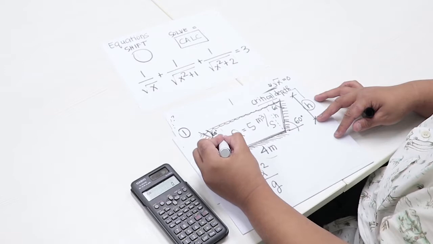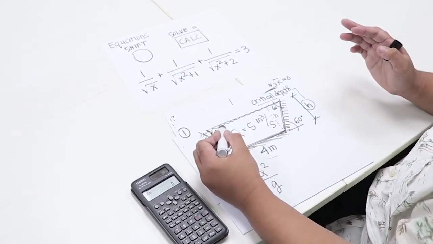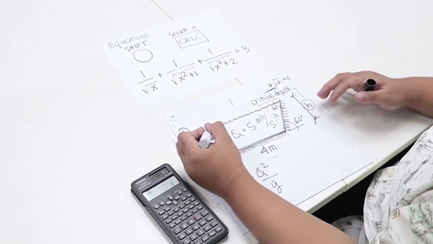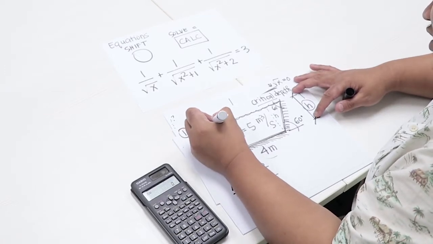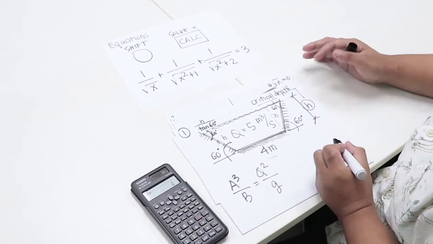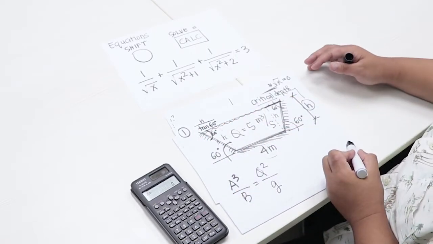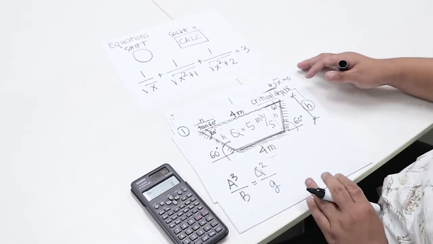If this is H, then by trigonometry, tandaan nyo, tangent 60 degrees is opposite over adjacent. Tama? So this is H over tangent 60 degrees. Okay? The same with this one, this is also H over tangent 60 degrees. And this is 4 meters, same sa baba.